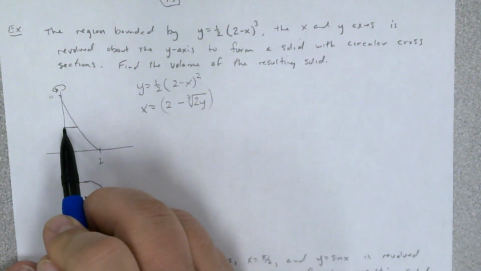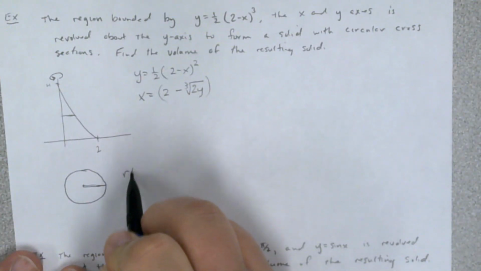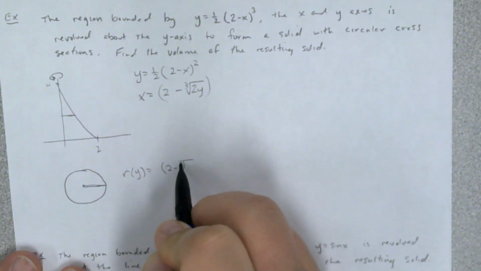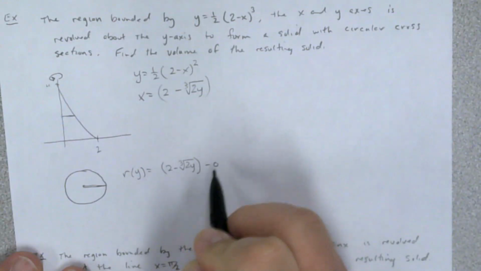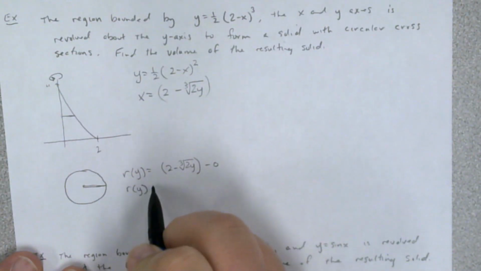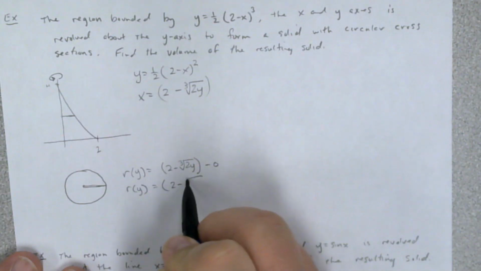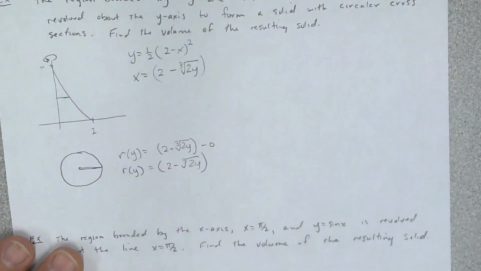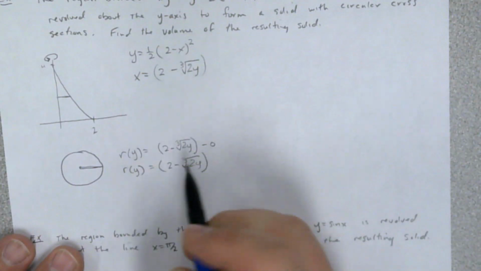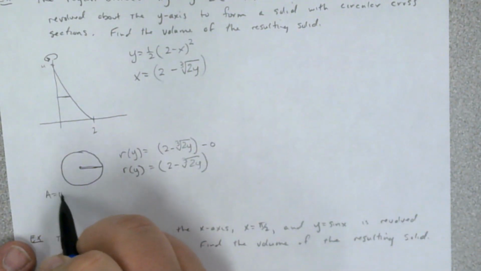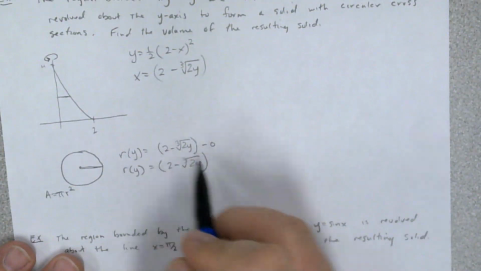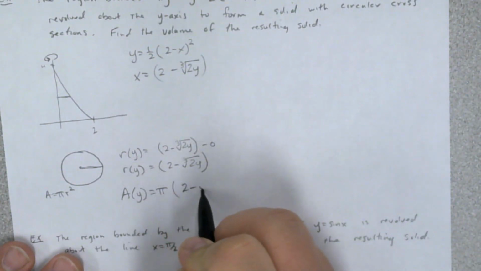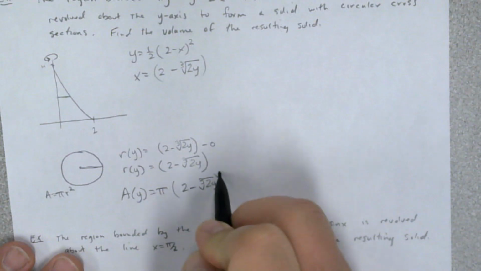So my r of y is going to be 2 minus the cube root of 2y minus 0, or just this part right here. Notice I'm keeping things in these r's always in parentheses so that you don't forget that when you plug into the area, which is pi r squared, I'm going to have to square this quantity. So the area in terms of y is pi times the quantity 2 minus the cube root of 2y, squared.